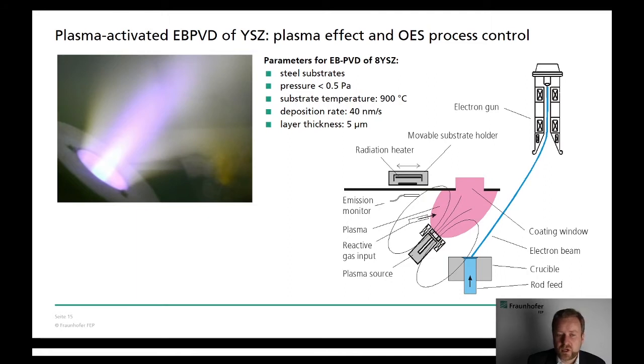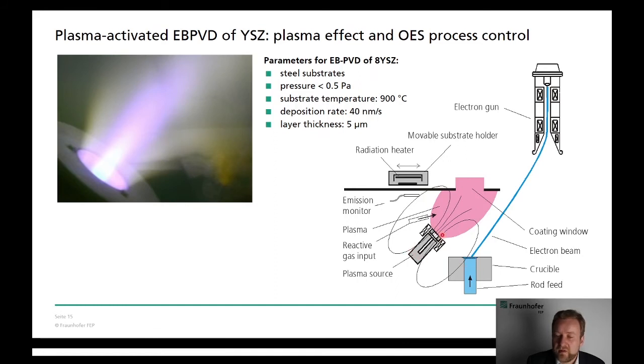I would like to show an example of stabilized zirconia, which is a typical material for thermal barrier coatings on turbine blades, or also for electrolyte membrane layers in solid oxide fuel cells. The latter was the background of the project, which is shown here. So we have the electron gun, which evaporates the material from the crucible.